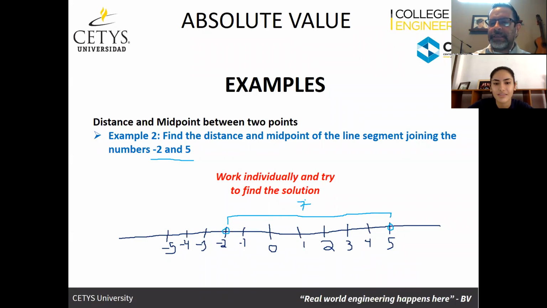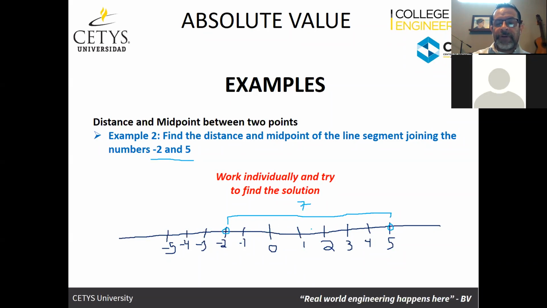let's see how we can calculate the midpoint here. So we've got 7 units. If we've got 7 units, the midpoint would have to be 3.5 units of these, right? So if I go here, it's 1, 2, 3.5. So it would be right around here.